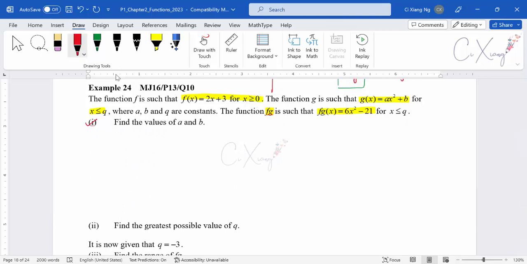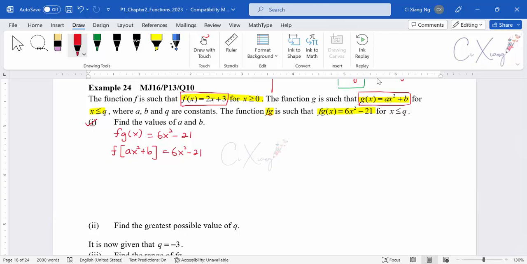Since we already know that the composite function given is f(g(x)) = 6x^2 - 21, and I already know my function f(x) and this is my function g(x), I want to substitute the function g(x) into f(x). So I'm having ax^2 + b, this is my g(x), equals 6x^2 - 21.